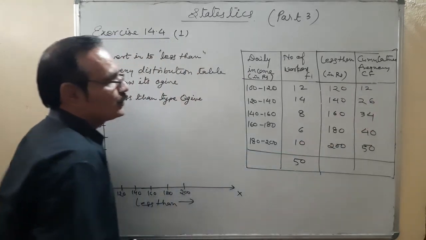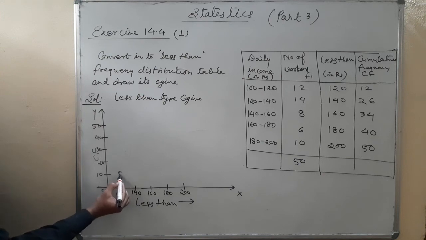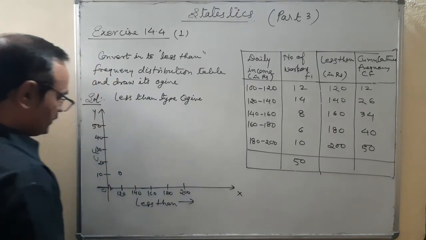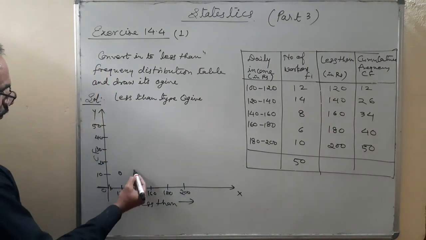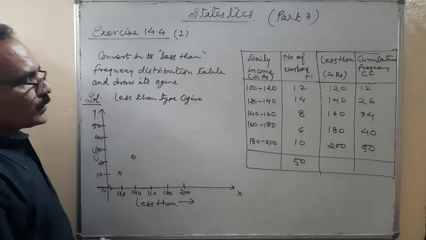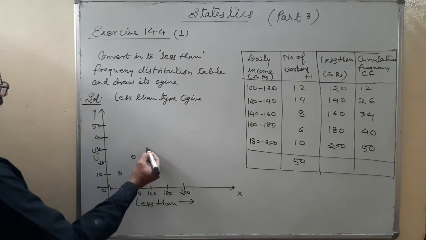At 120, there's a 12. Second, 140, 26, between 20 and 30. Third one is 160, 34, between 30 and 40.